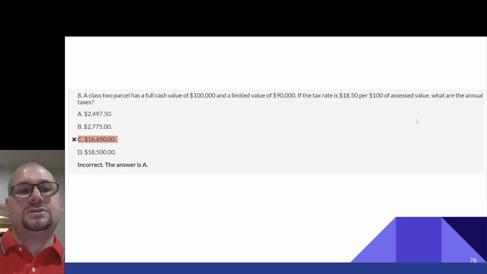A Class 2 parcel has a full cash value of $100,000 and a limited value of $90,000.